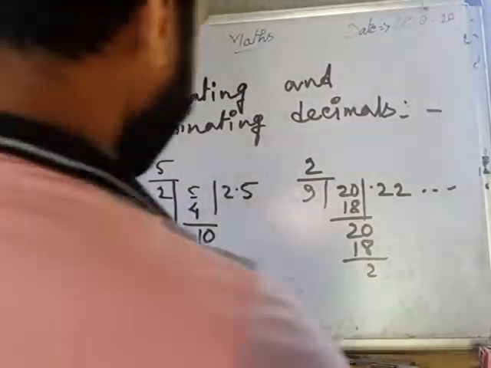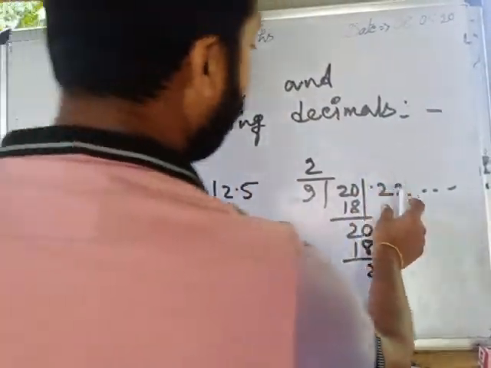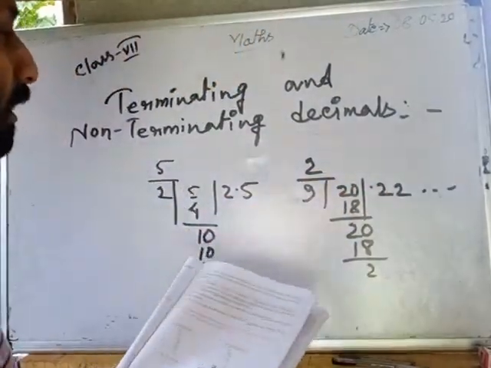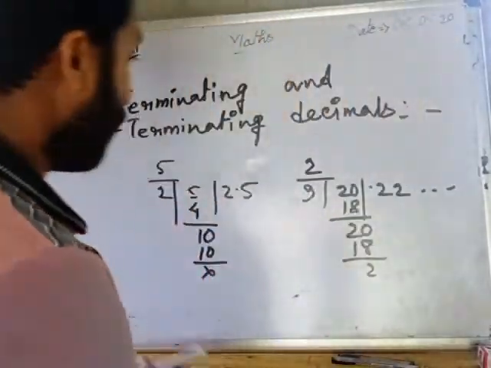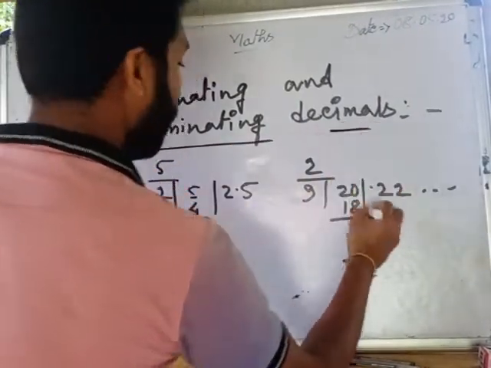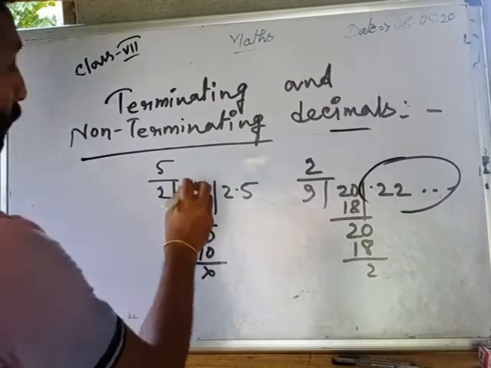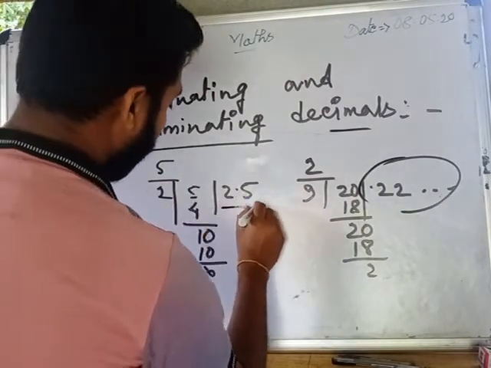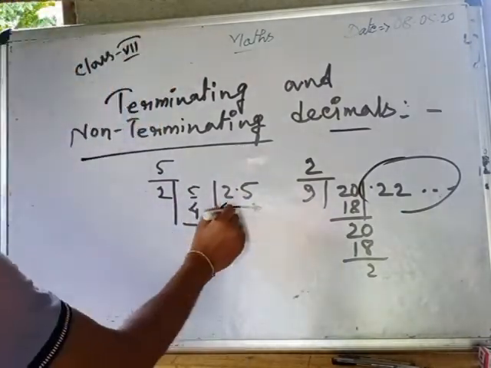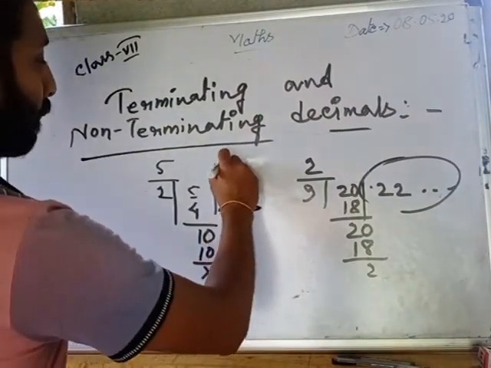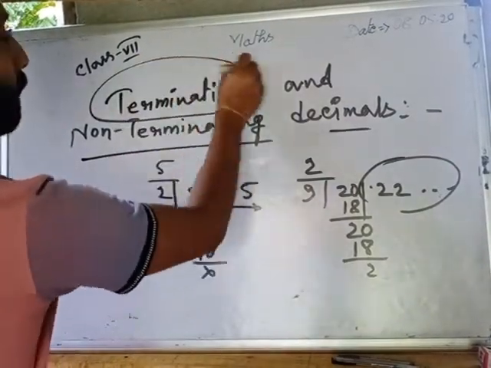If the quotient doesn't end after few steps, that is called non-terminating decimal. If the division ends up after few steps or after decimal, it is called terminating decimals.